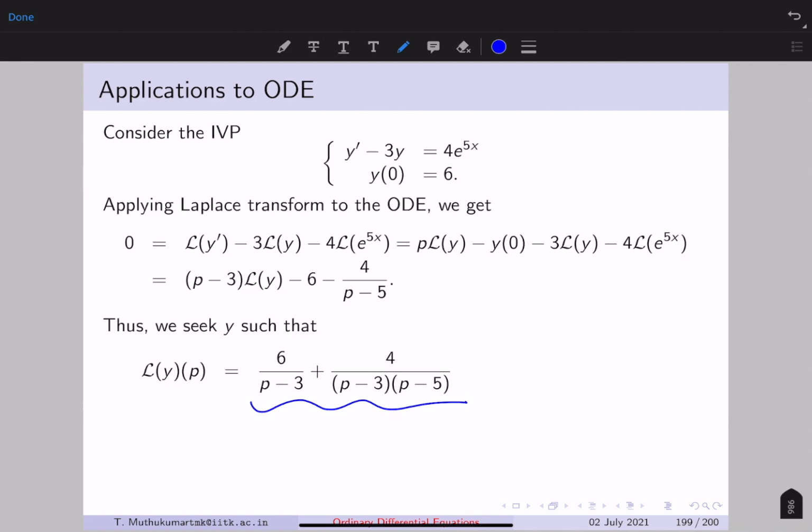But then our idea is to solve for y, not Ly. Which means we have to go from here to here, which means we have to do an inverse transform. But we have not actually defined what exactly is the inverse transform, right? So the nice way of doing it, at least at our level, is to somehow write whatever we have here as the Laplace transform of some function, right?